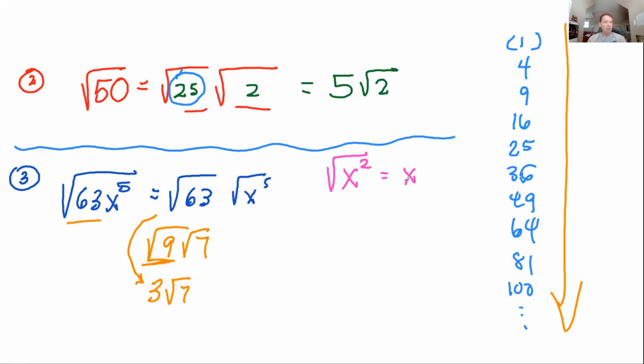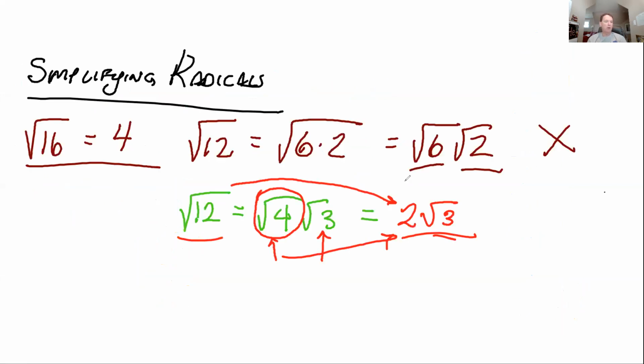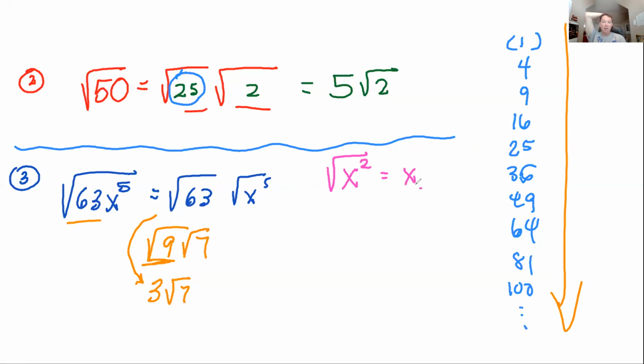The square root of a number, we'll go back here. The square root of 16 was the number you multiplied by itself to equal 16. So the square root of x squared is a number you multiply by itself to equal x squared. Great. What about x to the 3rd?